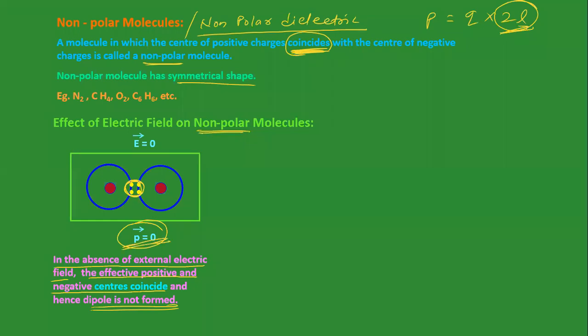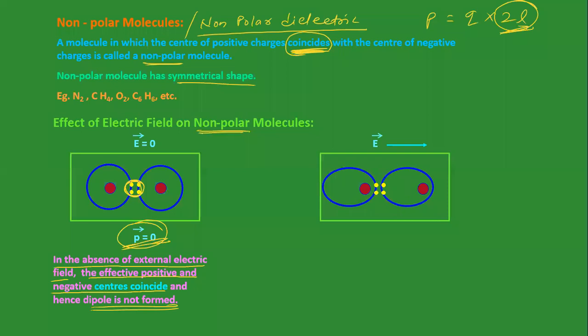Dipole moment is zero. Now we have to see what happens when we apply electric field. This is the diagram in absence of electric field.